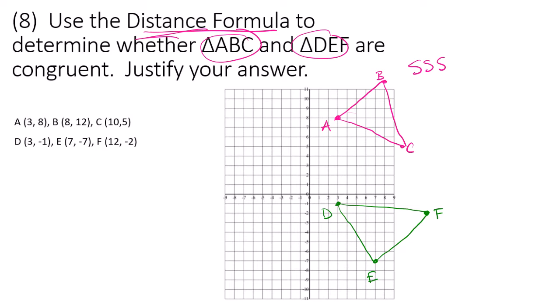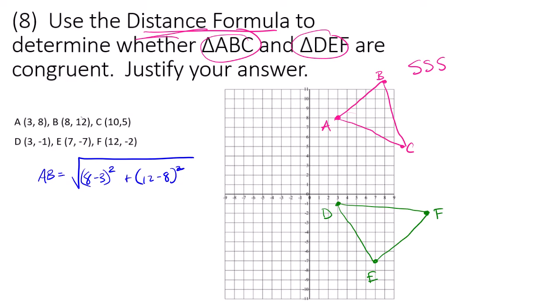All right, so let's find A, B, and C. So in order to find AB, the distance formula, AB equals the square root of, we'll do our x's first. So 8 minus 3, squared, plus 12 minus 8, squared, right?